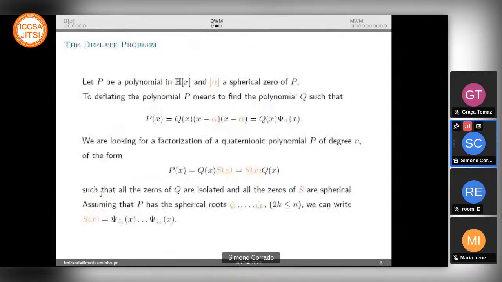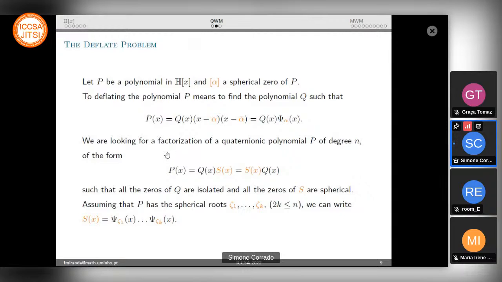And so we are proposing here a method that can be more efficient in terms of convergence. So if quaternion alpha is a spherical zero of P, then we have already seen that we can factor P like this, okay?